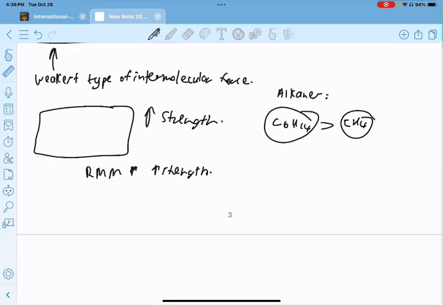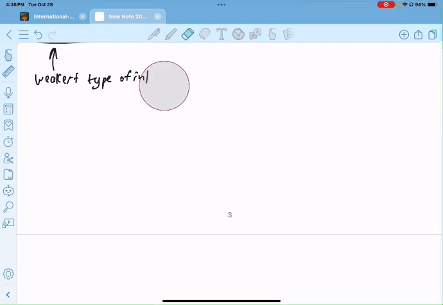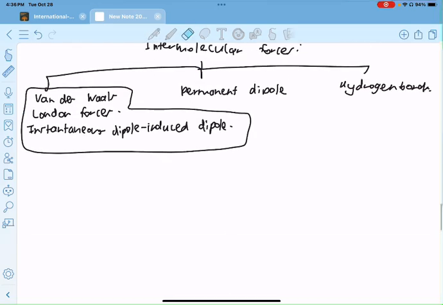This is because of the greater strength of the van der Waals forces. They both have the exact same type of bonds. It's just that the bigger one has more relative molecular mass, hence more strength of intermolecular force. So that is for the first one.